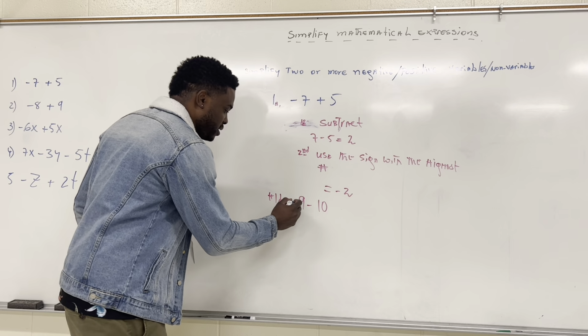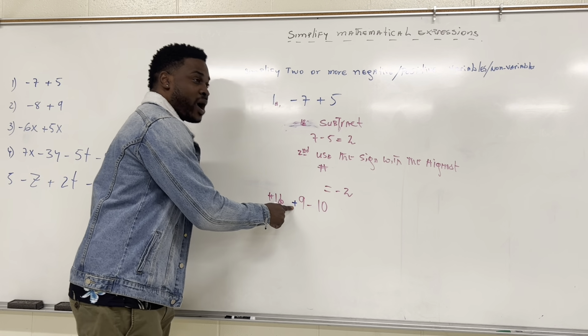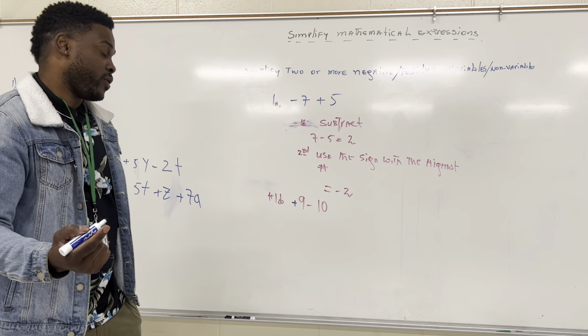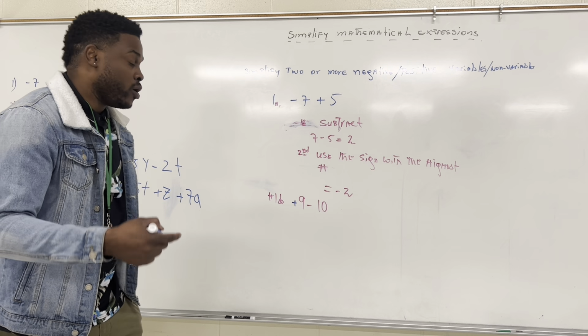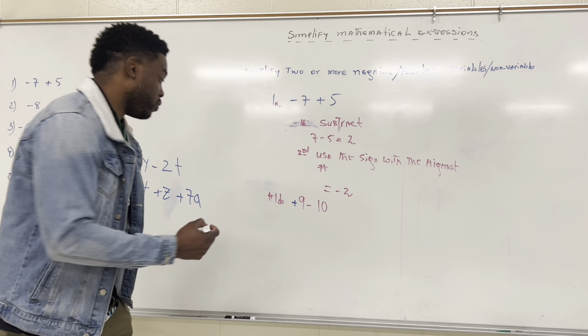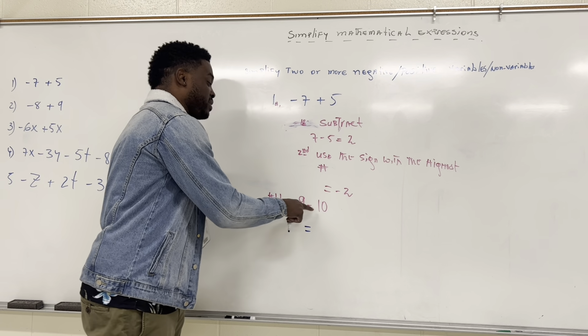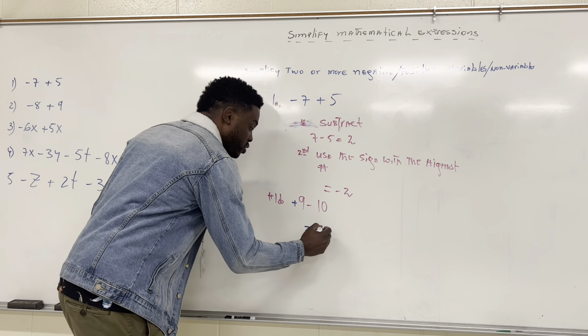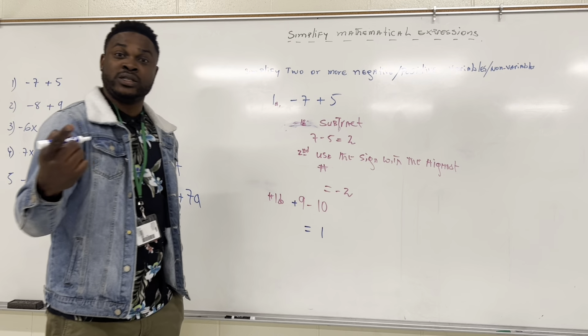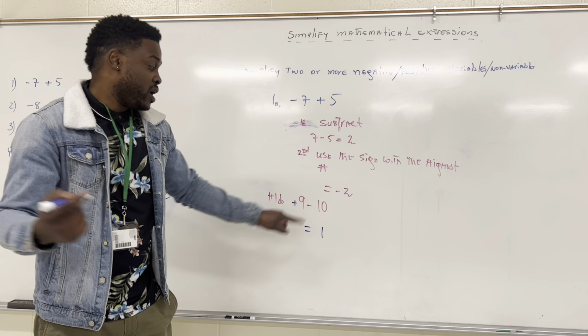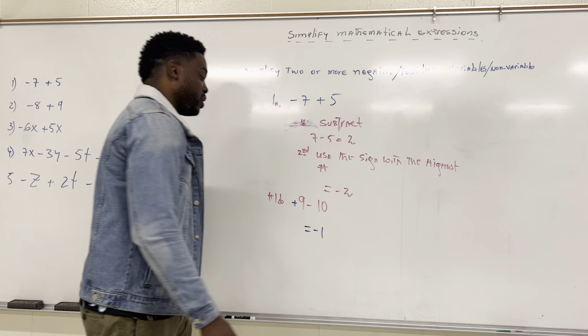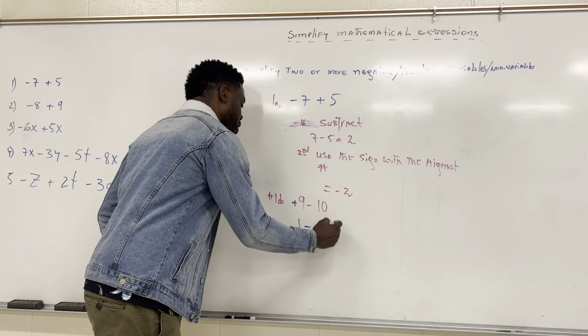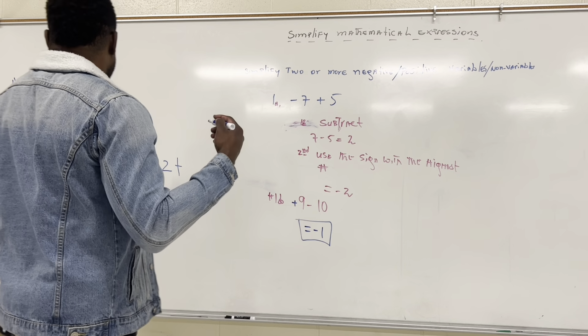Remember, there's a positive over here, even though you don't see the positive, there's always a positive there. So we are going to subtract. We're subtracting 10, well, 10 minus 9 will give us 1, and the sign with the highest number is negative. So the answer will be -1. All right, good.